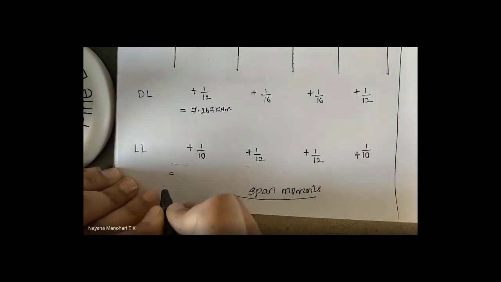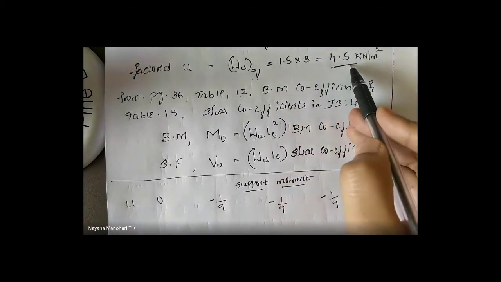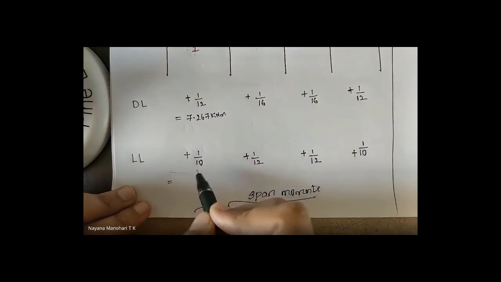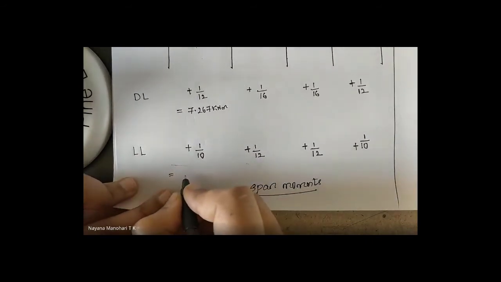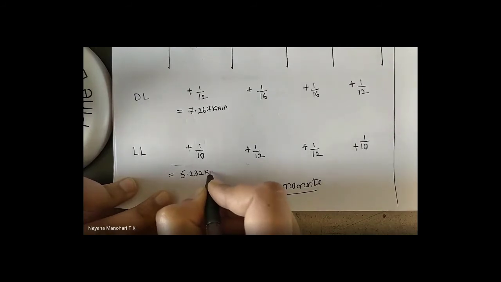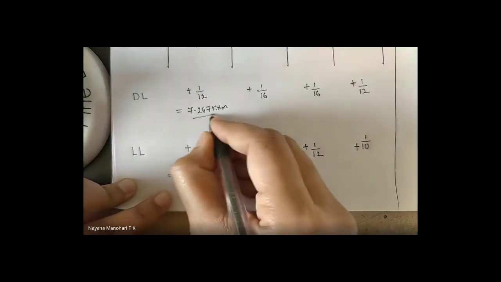Similarly, you calculate it for the live load. Factored live load is what? 4.5 multiplied by Le value, that is 3.41 square, divided by 10. Okay, you will get it. That is the Mu live load. It is 5.232 kilonewton meter.